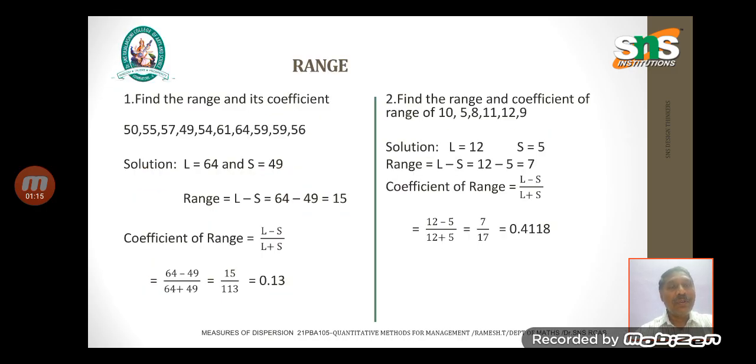Now we consider the simplest problem. Find the range and its coefficient. The data are given: 50, 55, 57, 49, 54, 61, 64, 59, 59 and 56. Among all the data, first we identify which one is the largest. The largest number is 64 and the smallest number is 49. So what is range?